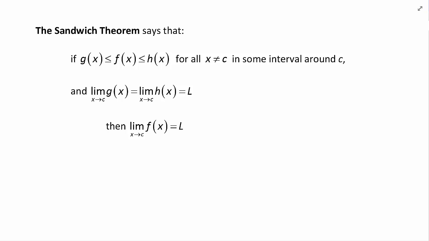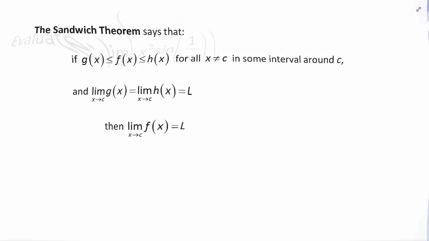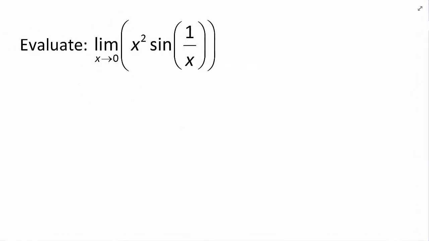Now, I will agree that at first this seems to be a bit of tomfoolery and trivial silliness, but it's one of these theorems that we'll encounter in calculus this year, which can harness its simplicity to produce powerful results. For instance, evaluate the limit of x squared times sine of 1 over x as x approaches 0.